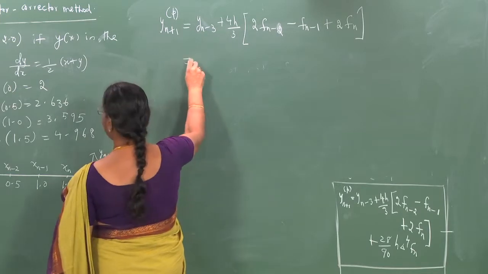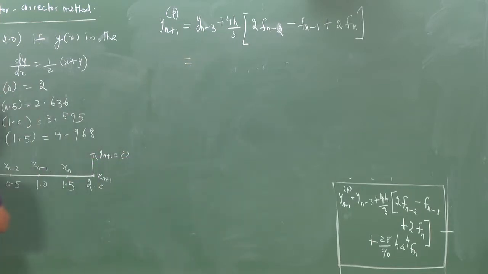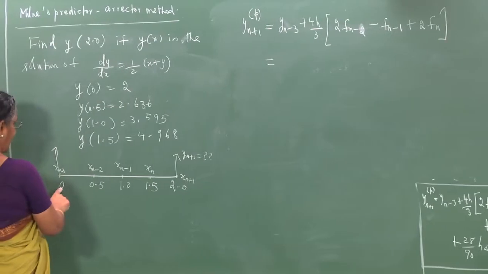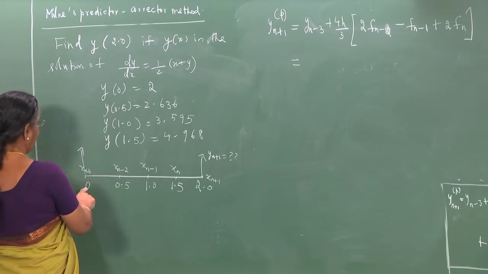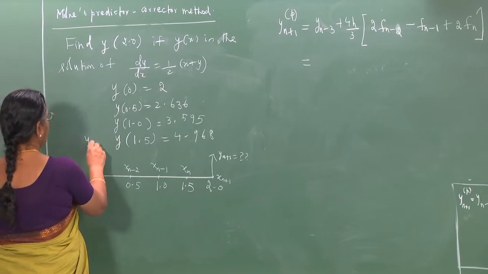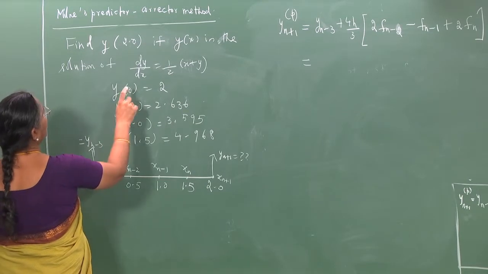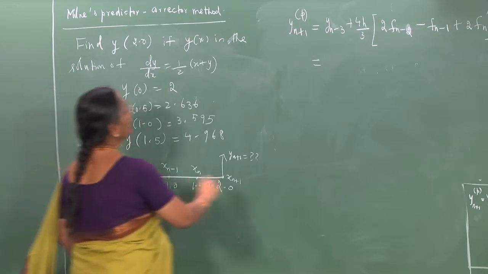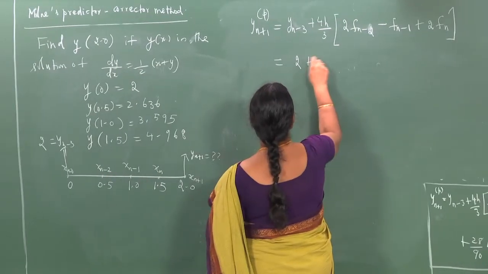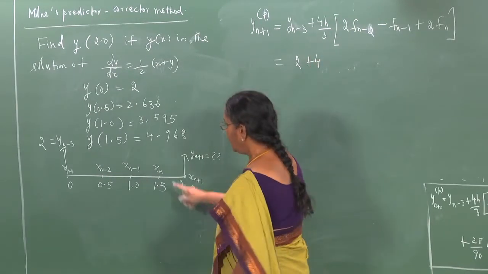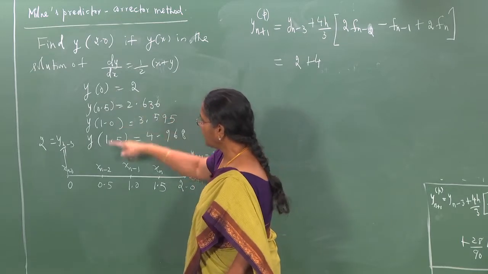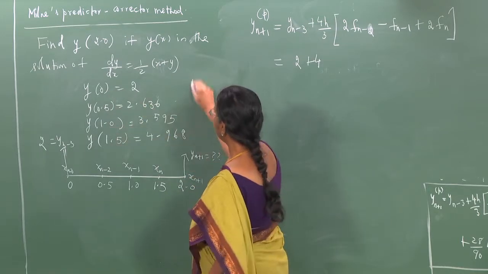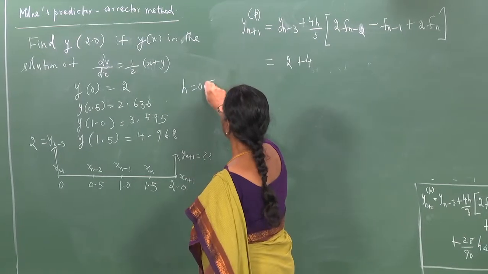What is yn minus 3? Yn minus 3 is the solution at 0. So, it is y naught which is required, and y naught is given to be 2. So, it is 2 plus 4 into, what is h? The points are equally spaced and the step size is 0.5.